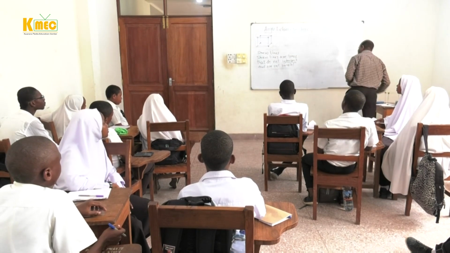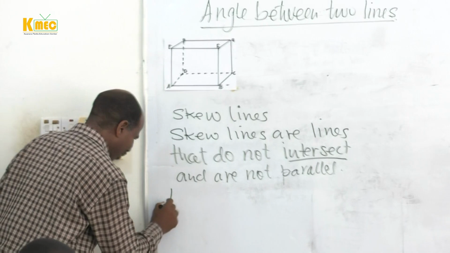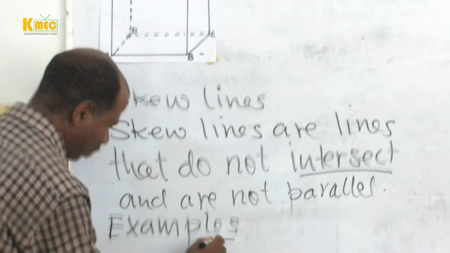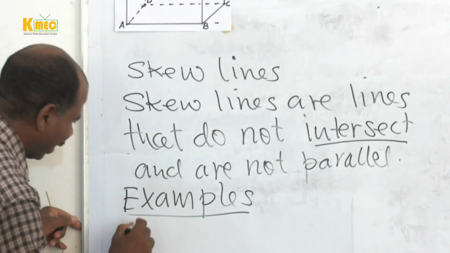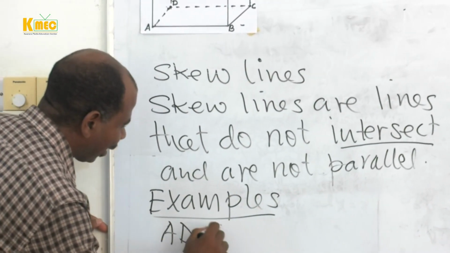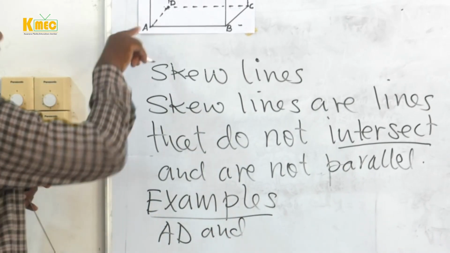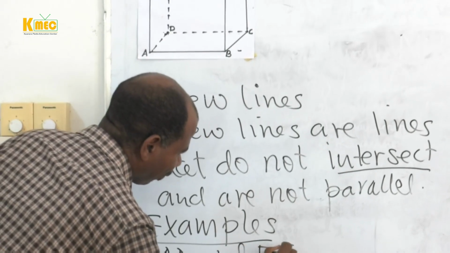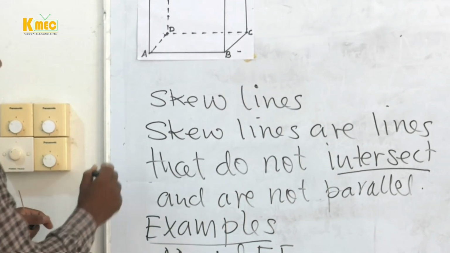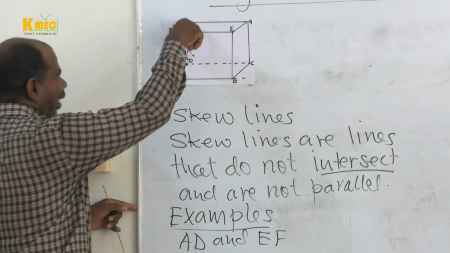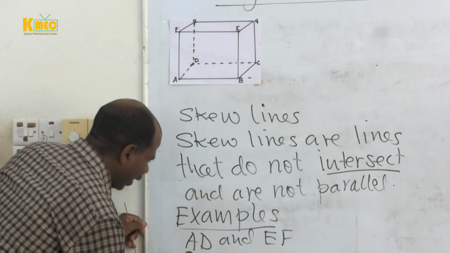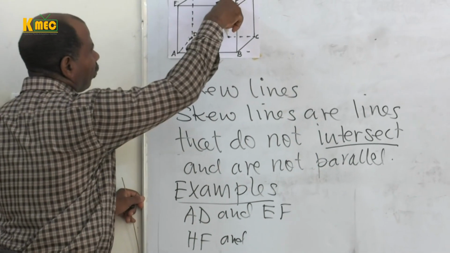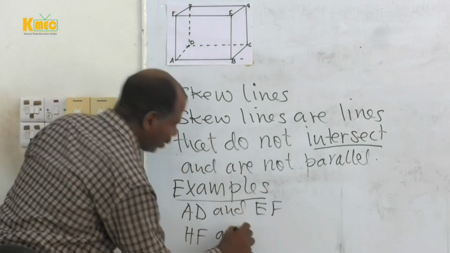Okay, so examples of skew lines here, we can say the line AD and the line EF. Another pair, the line HF and the line AD.